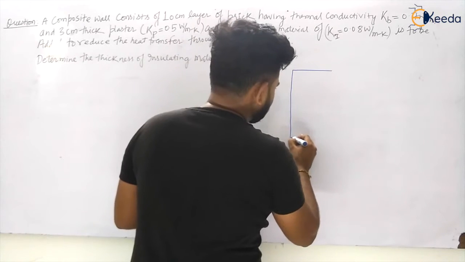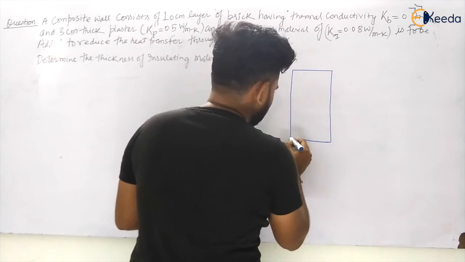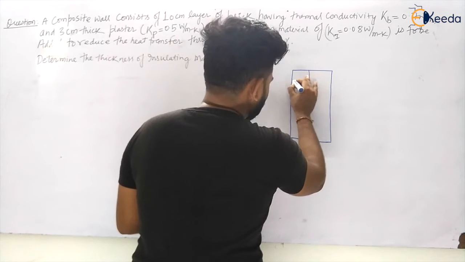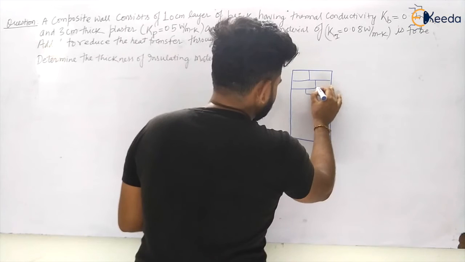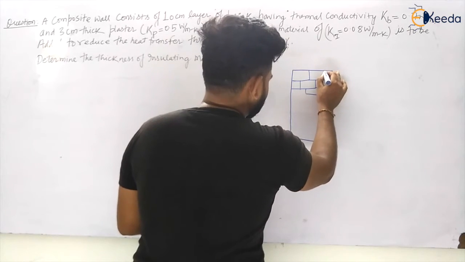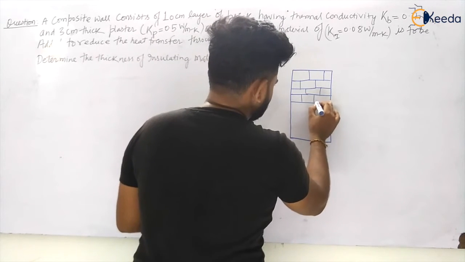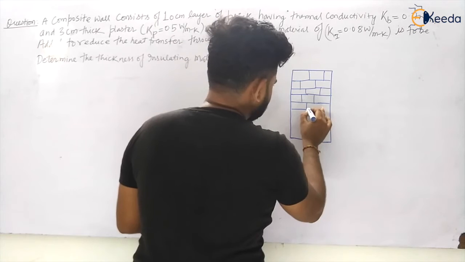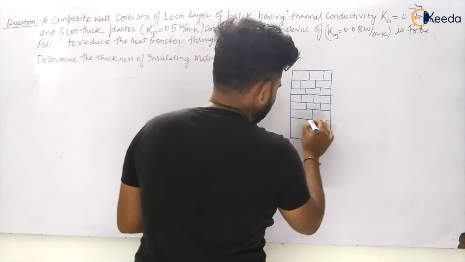So my dear students, there is a composite wall which has a 10 centimeter layer of brick. Bricks are like this.